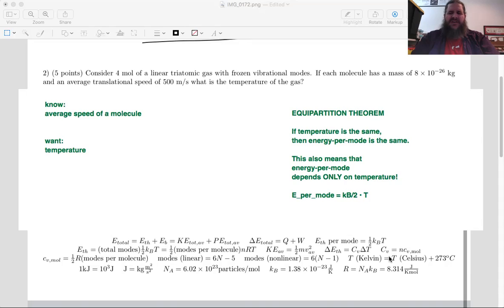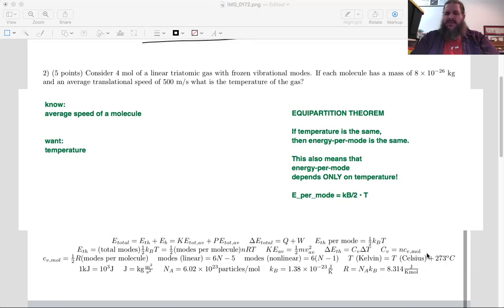I mean, this does technically count as thermal energy in the sense that it's related to temperature. But thermal energy is more of a macroscopic description if we're looking at the big picture, the whole thing. Here we're looking at the behavior of individual molecules. So what kind of energy is associated with how fast a molecule is moving through space?